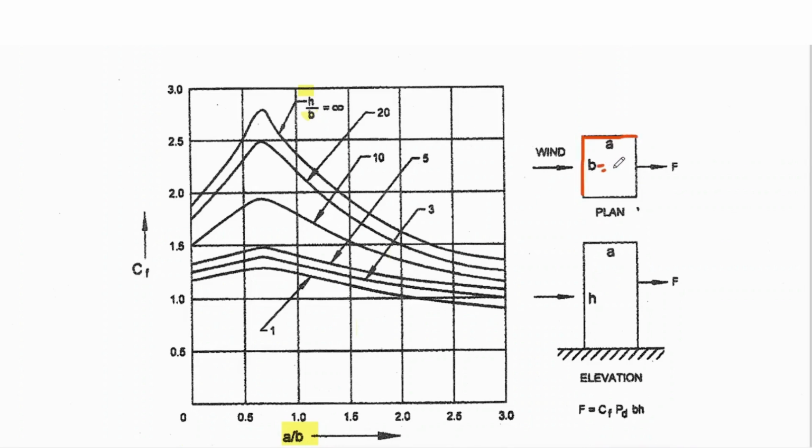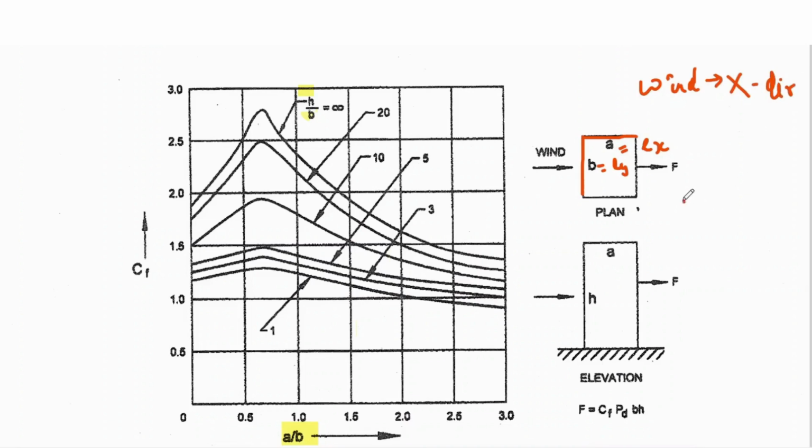In this case, B will be equal to your Ly, and A will be equal to your Lx if the wind is moving in X direction.